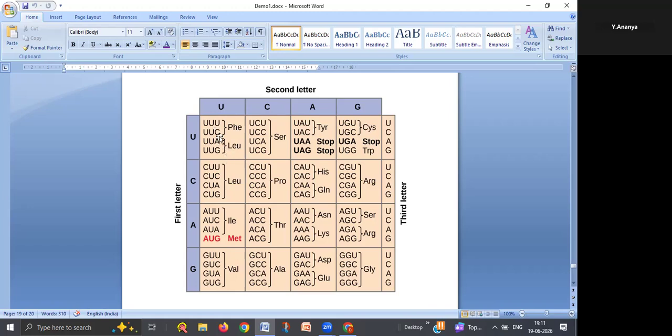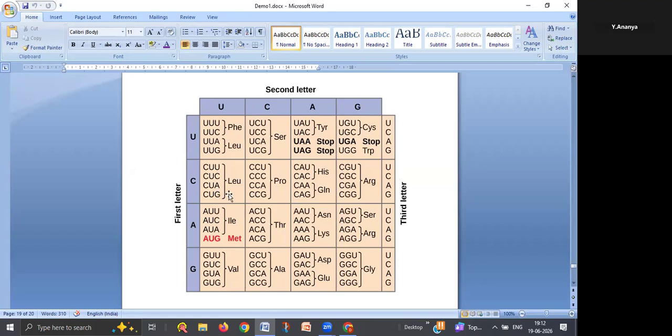So in the mRNA, if there is UUU, it codes for phenylalanine, and if there is UUC, it also codes for phenylalanine. This is called degeneracy of the genetic code, because a single amino acid is coded by more than one triplet codon. You have to remember this point.